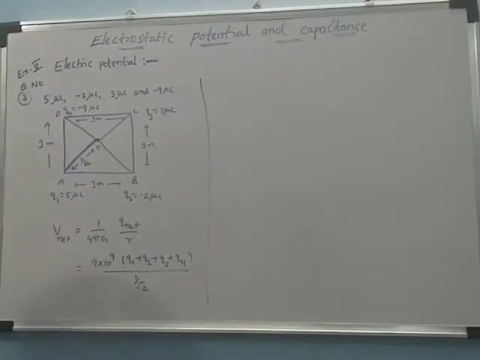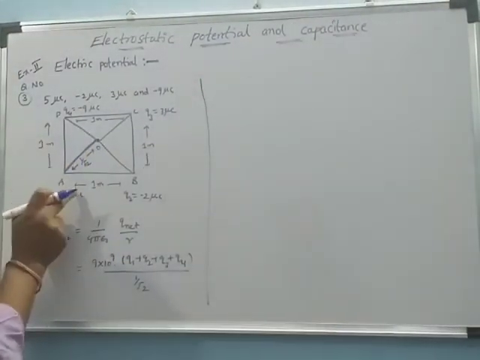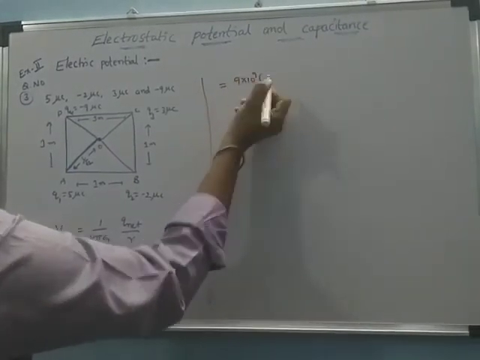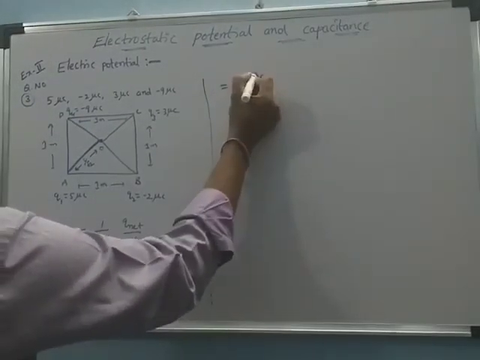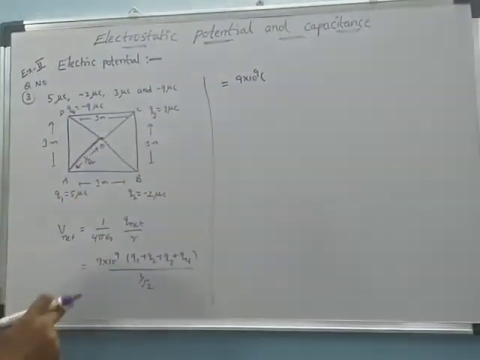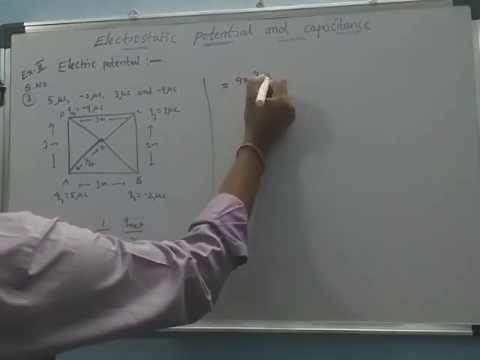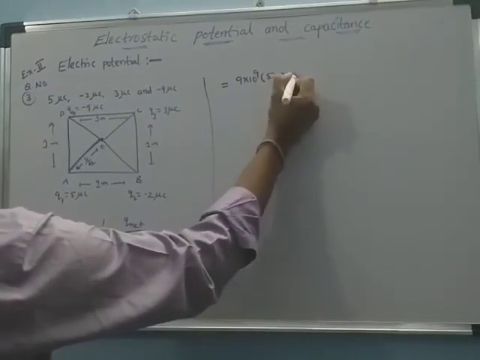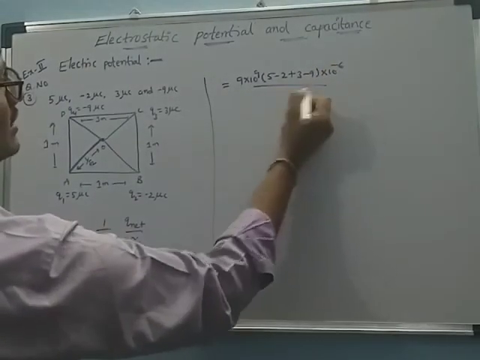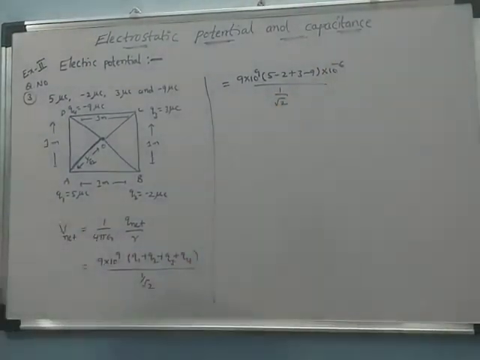V net is equal to 9 into 10 to the power 9, into the sum of the charges in microcoulombs, 5 minus 2 plus 3 minus 9, into 10 to the power minus 6, divided by 1 by root 2.